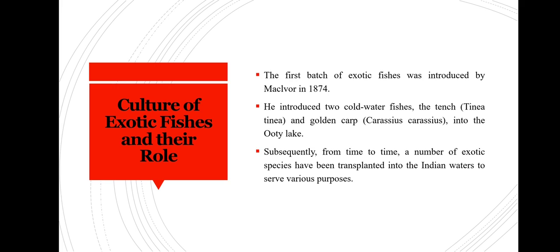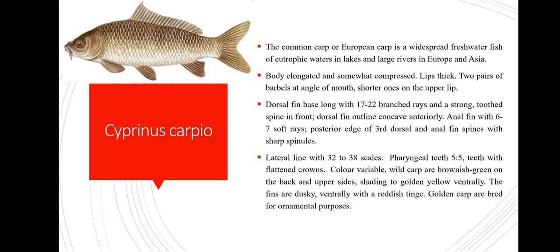Gourami is from Singapore. So these species are not native; they are from other countries. Another example is mirror carp from Nepal, bighead carp from Nepal, black carp from China, and African magur from Thailand. So these are exotic fishes.